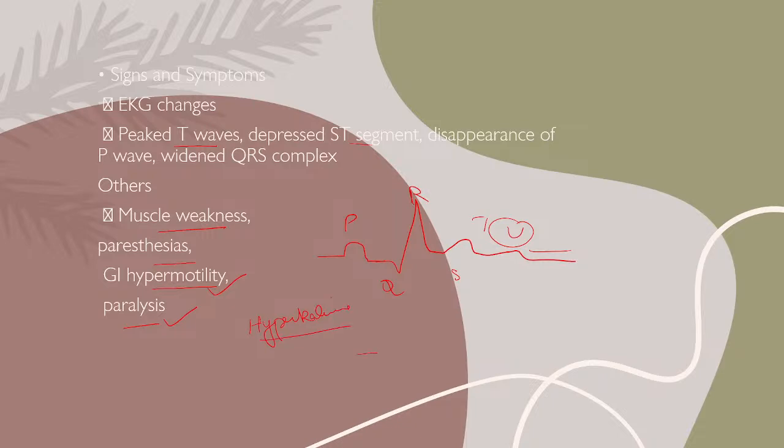In this there would be a flat or disappeared P wave, as we have discussed. Then the T wave would be peaked. Sorry, the P wave would be flat, then the QRS would be wide.